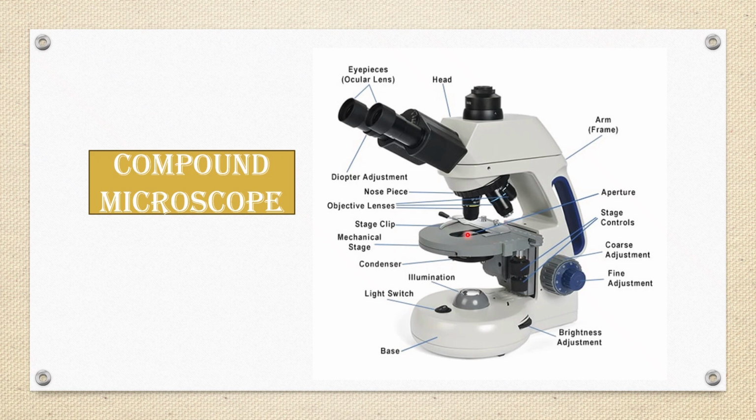There is a small aperture, a small opening through which light can pass, and we can see the object very clearly through the eyepiece. From here it provides brightness to the object and we can adjust it from here also. That is called fine adjustment and the coarse adjustment. So this is the diagram of the compound microscope.